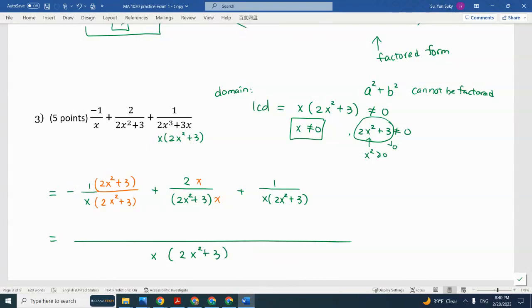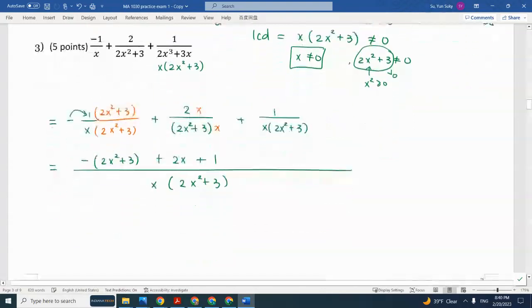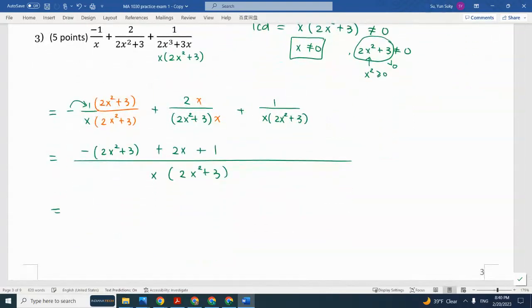The first one is negative, so it's negative of the 2x squared plus 3, right? Don't forget the negative, okay? You can move the negative up here. And then plus the 2x and plus 1. Can we simplify? Yes. We distribute the negative.